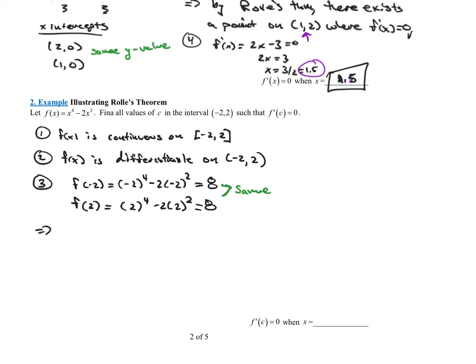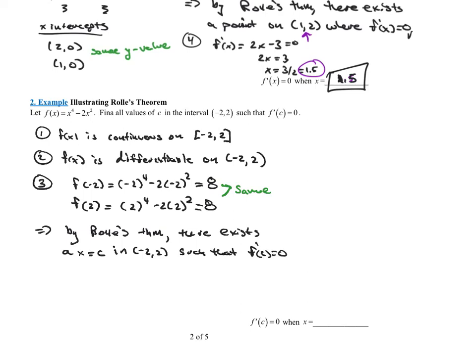That means, by Rolle's theorem, and I need to see this sentence, by Rolle's theorem, there exists an x equal to c in the open interval -2 to 2 such that f prime of c equals 0. There's at least one point in the open interval, one number between -2 and 2, where the derivative is equal to 0. That is Rolle's theorem. We have proven the existence of a point.